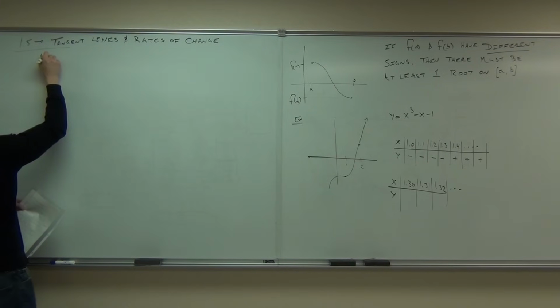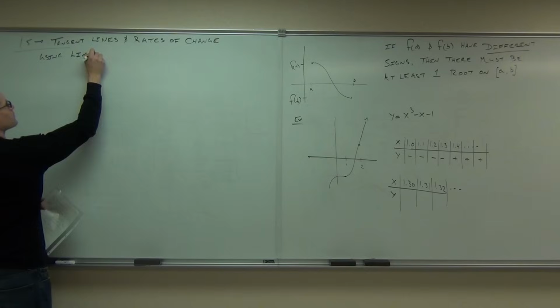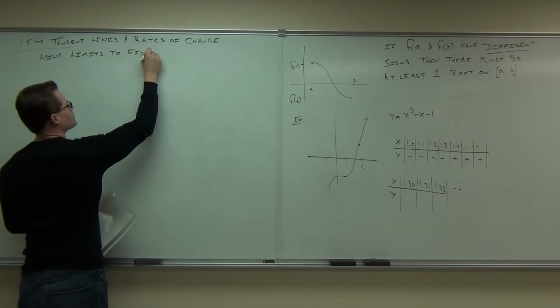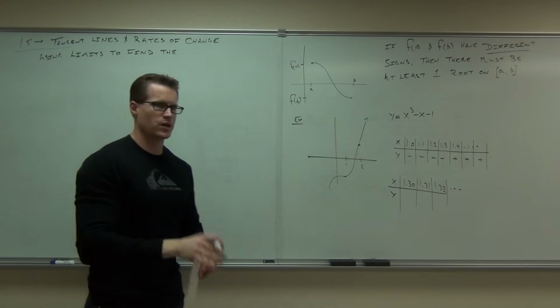So we're using limits to find the slope of a tangent line to a curve at a point.